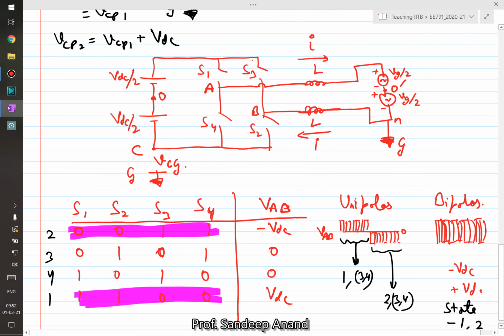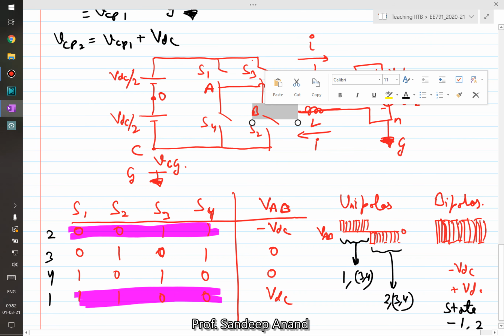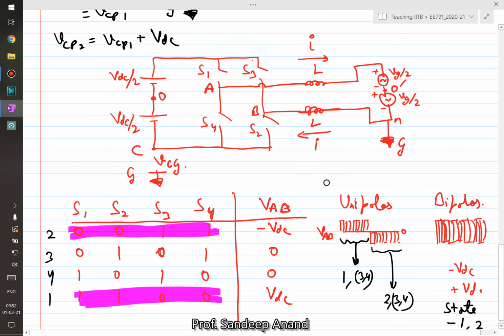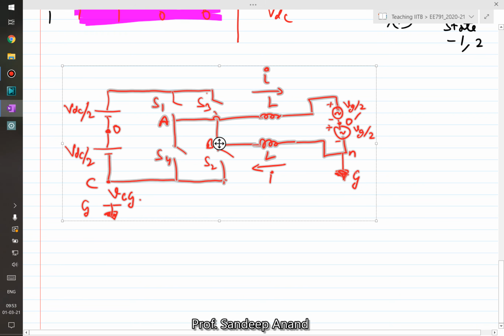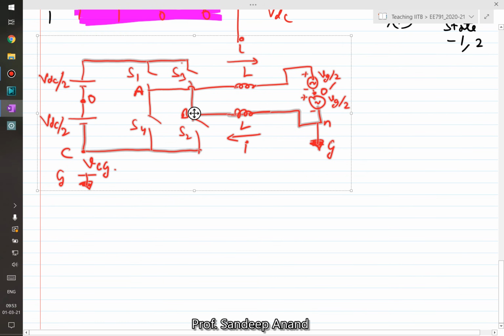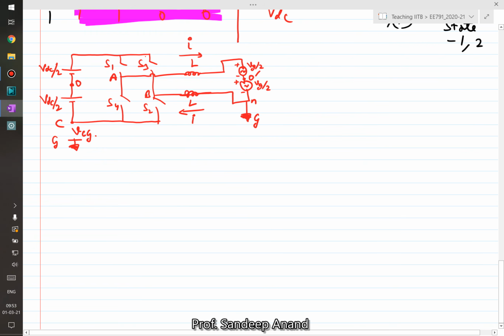So I'll just quickly copy this figure, which I would want to use. Let me reduce it a little bit.